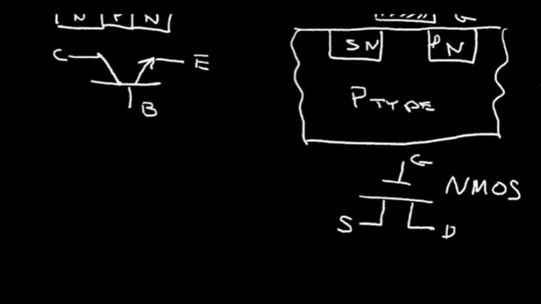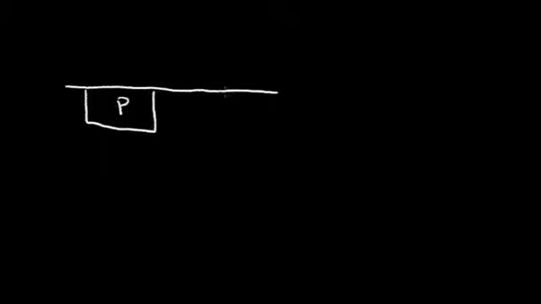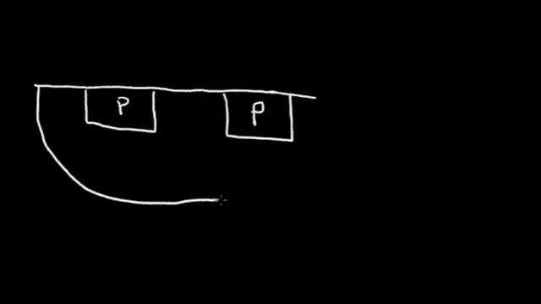Now, if we construct this transistor a little differently, we can again take the surface of the wafer, and instead of putting an N region in, we could put in a P region and another P region. And this has to sit in an N region. So we'll have an N region that this device sits in.